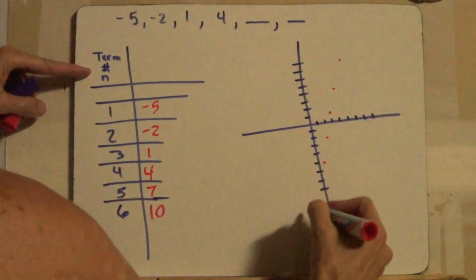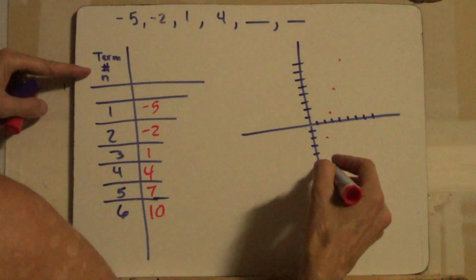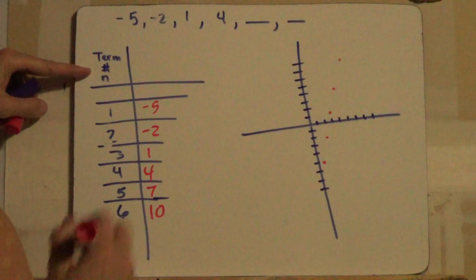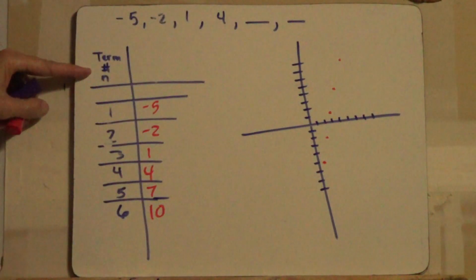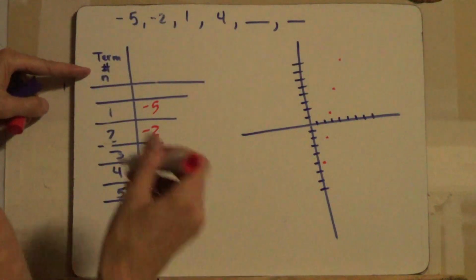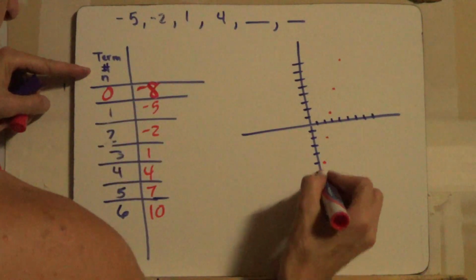So we just keep going like that. You can see it's a linear function. And again, we don't connect it because we can't have a term halfway between the terms. It's first term, second term. You wouldn't have a half a term in there because if you wrote another number, it would become a new second term. Now we do like to take it back to the 0th to show the y-intercept, and it lines right up.